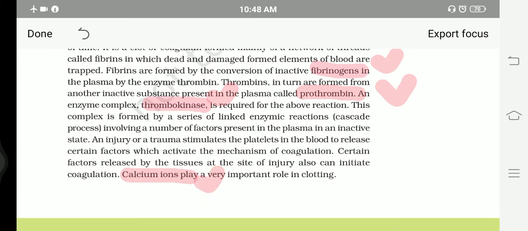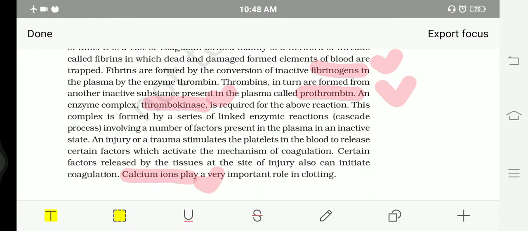Then coming to the first one, prothrombin. It is an unstable protein. This protein is formed by the liver and present in the blood plasma.